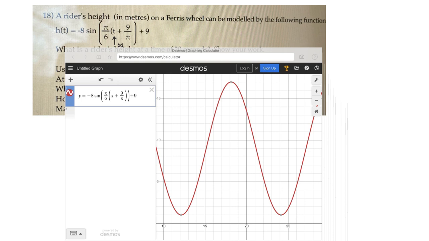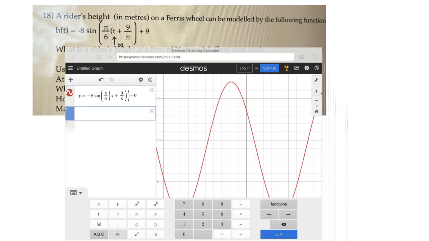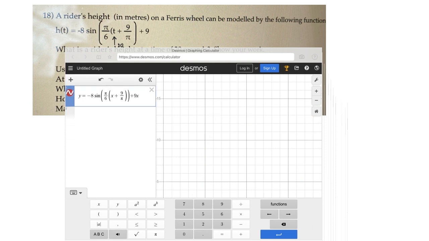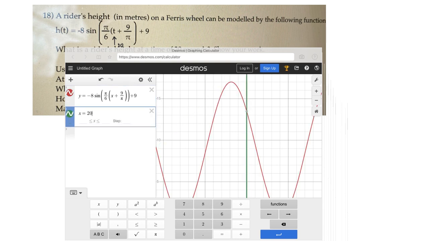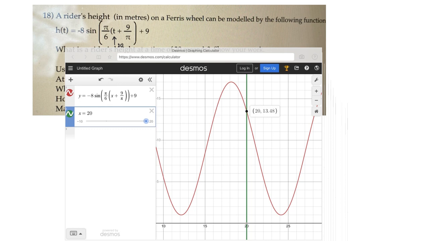One way you could find exactly that number is you could graph x equals 20, and tap on that line. So at 20 seconds, the Ferris wheel is 13.48 meters above ground.